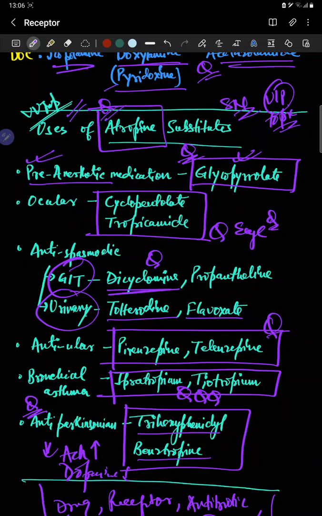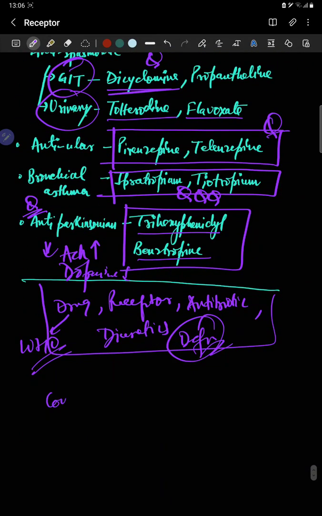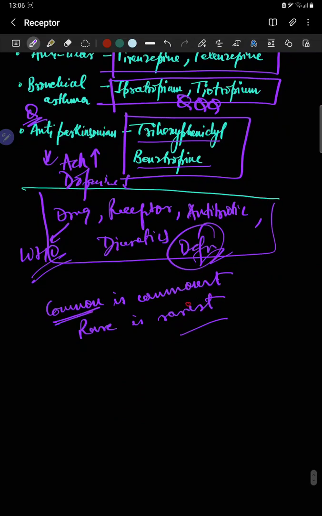Some commonly used drugs, remember this: common is commonest and rare is rarest. In medical science, for common diseases you will see the commonest, and common drugs you will use very commonly, and that will be asked in the viva. But rare is rarest, some odd syndromes like red man syndrome, blue man syndrome.